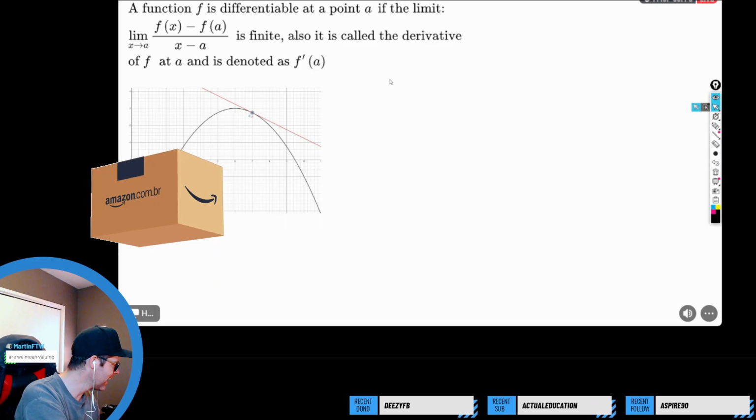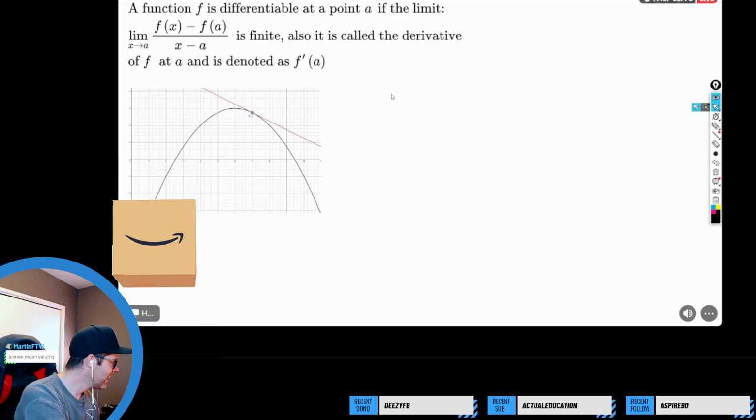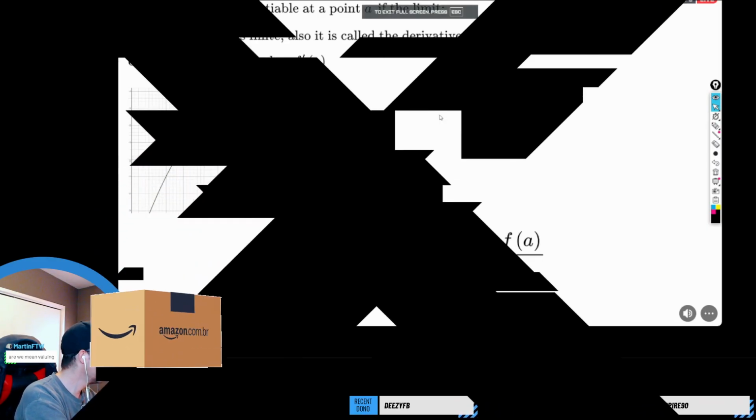There are a few other ways to define a derivative. So this is also a very good way to define it, which I will be using. There's also a Leibniz way to write it, which is this df over dx. I don't like this, so I will not be really using it, but it is very important.